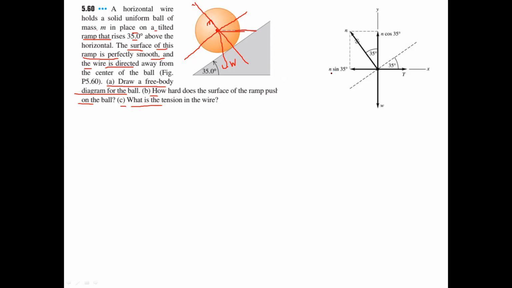So, as I said in the previous class, you can choose your axis freely, right? Do you remember? In the solution, if you look, the x-axis is chosen along the rope like this, okay? By using this, you can easily solve the question.